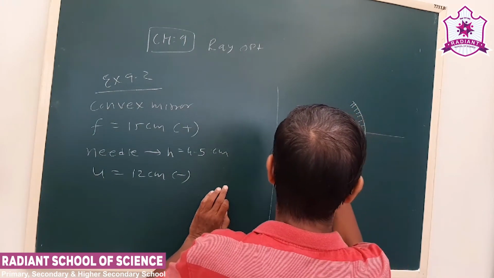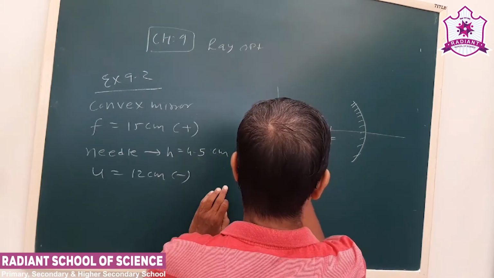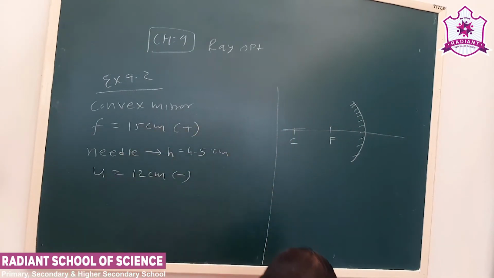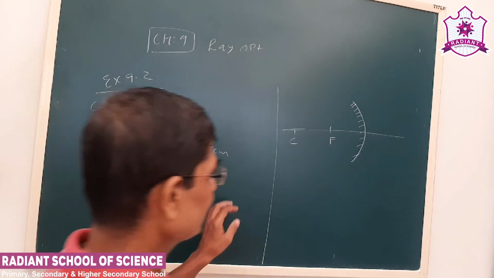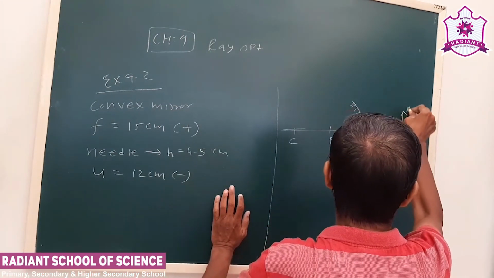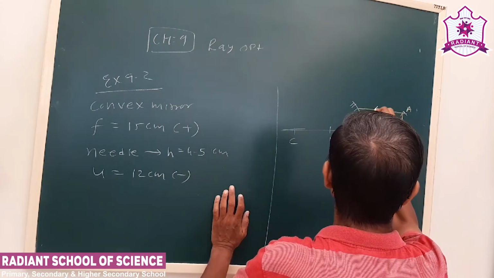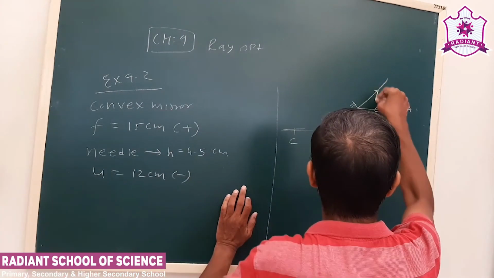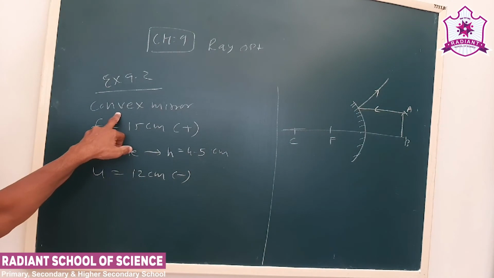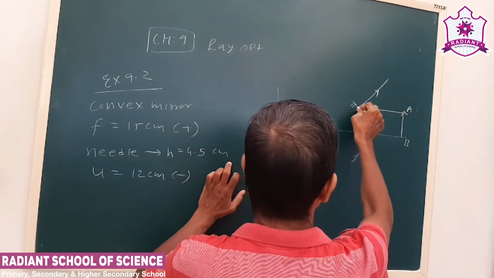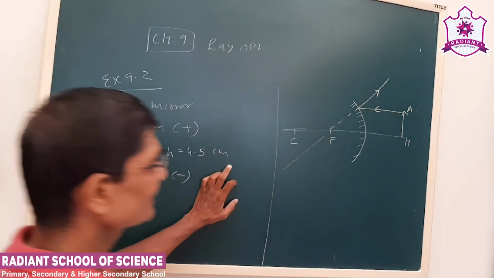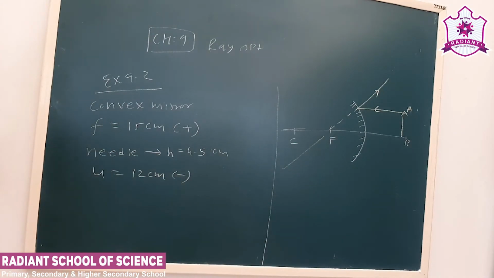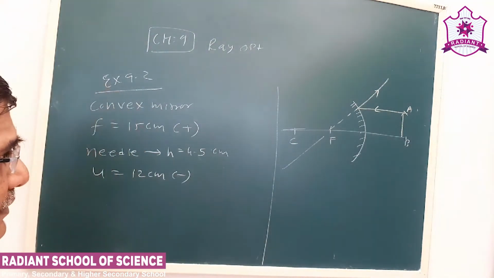Let us check it using a rough ray diagram. Let AB be the object. The first ray is parallel to the principal axis. A convex mirror is a diverging mirror, so the ray diverges like this, but we extrapolate it so that it passes through F. For the second ray, we use reversibility.